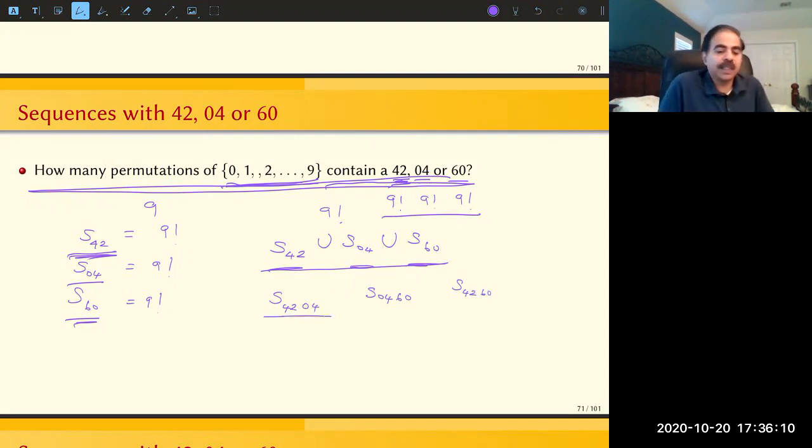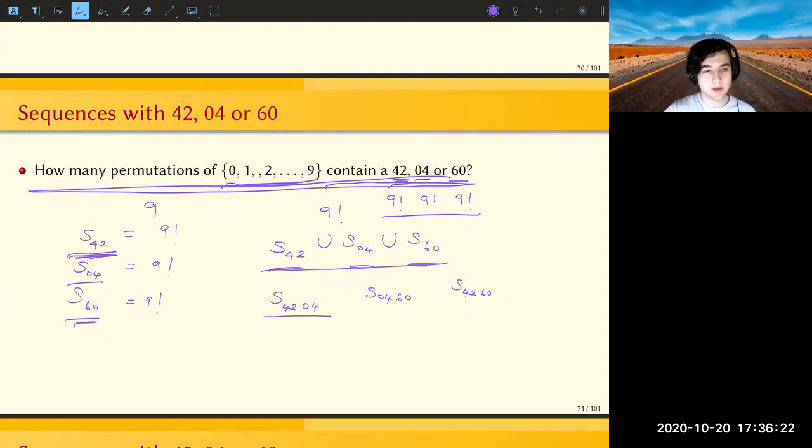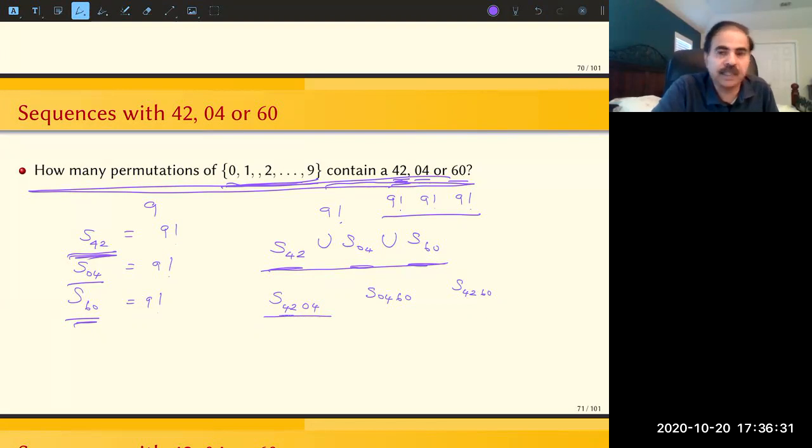So how would we calculate the number of permutations that contain both a 42 and a 04? Greg? We can do the same thing and glue them together. So you have 0, 4, 2, and that would just make it 8 factorial instead. Right. So we glue 4 and 2 together, which means that we lose one element out of the 10. We glue 0 and 4 together, so that takes out another element.